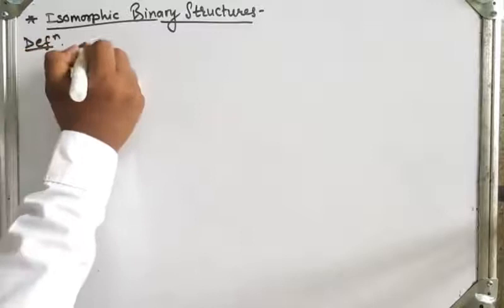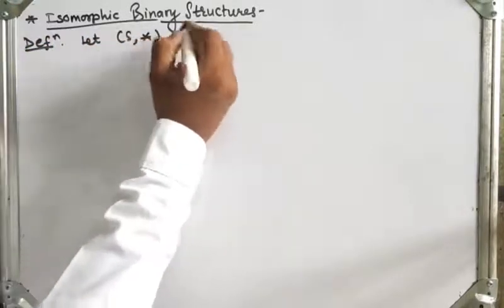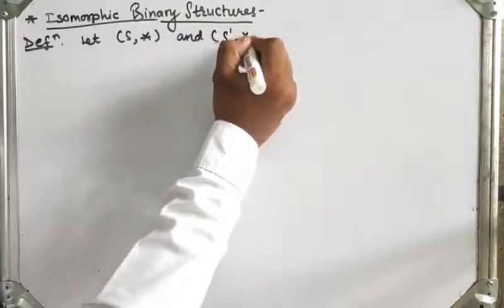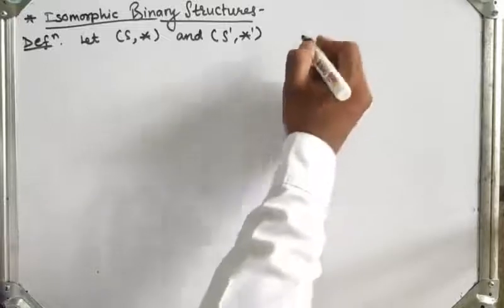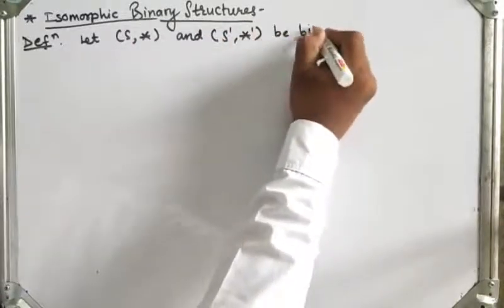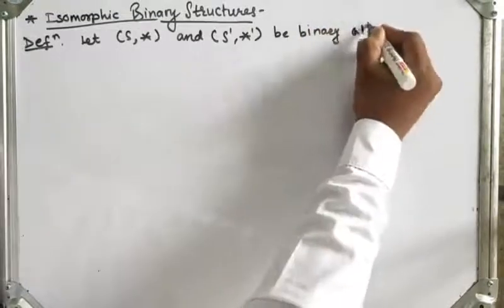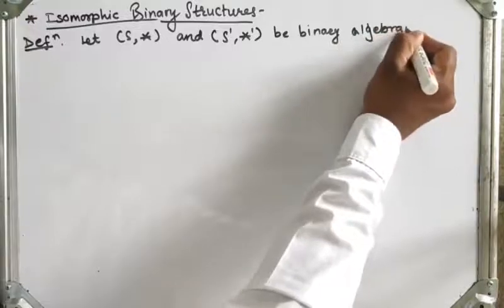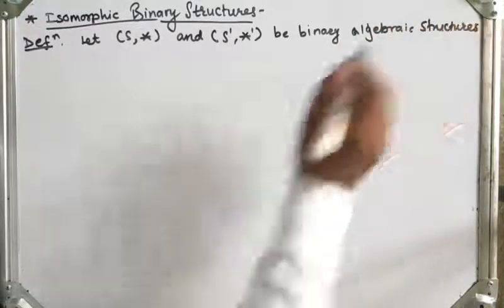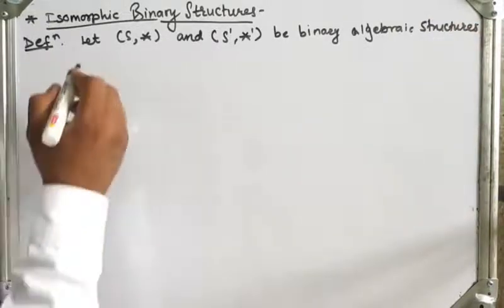Definition: let S under binary operation star and a second set S dash under binary operation star dash be two binary algebraic structures.